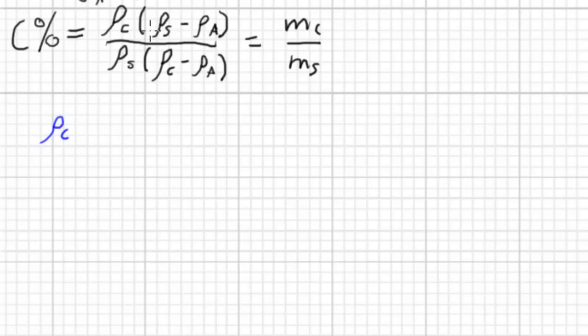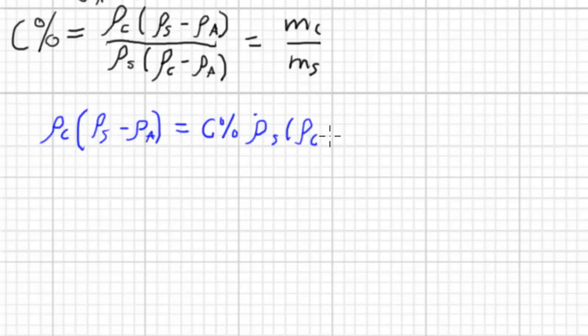So we're going to actually divide both sides through by the denominator here. So we end up with this. And then divide through by this portion, and then multiply this portion out.